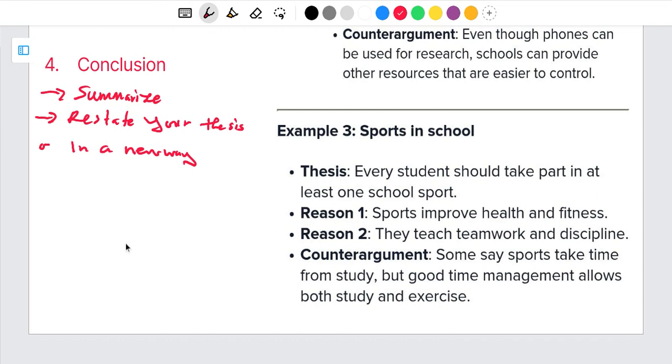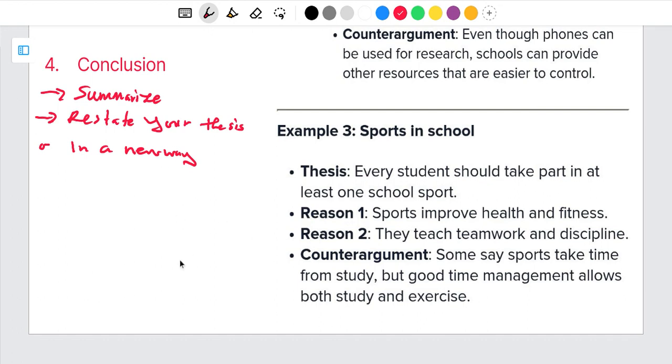So if you are disagreeing, saying the use of condoms by school-going children should not be abolished, what are you going to conclude? You can just say, in conclusion, to prevent future pregnancy and transmission of other infections, school-going children should use condoms.